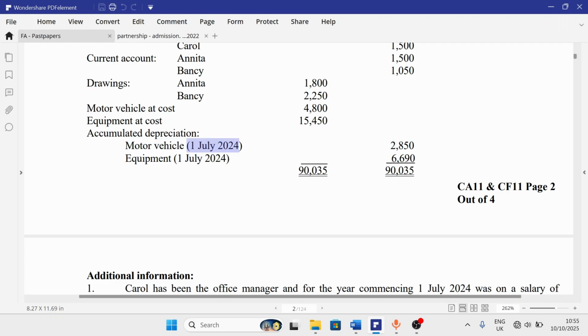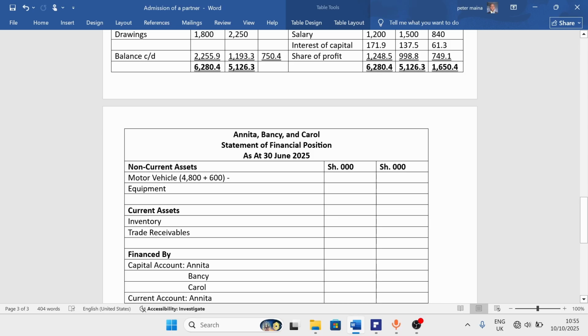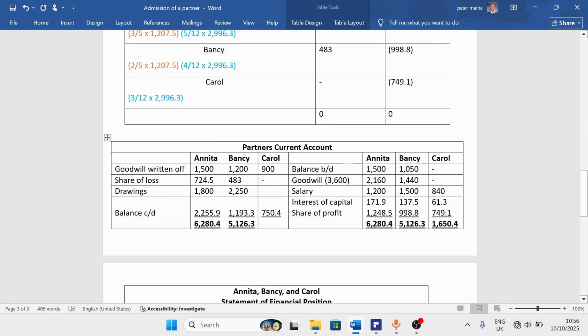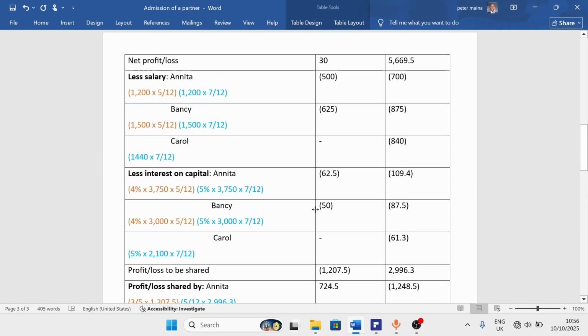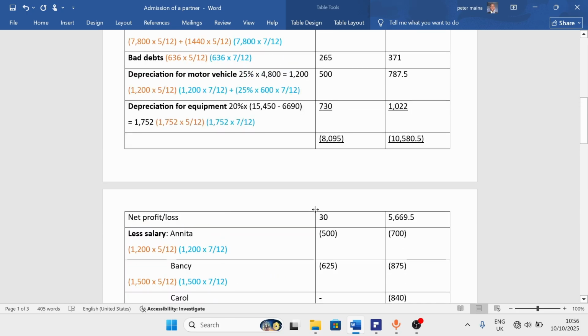That was as at the beginning of the year, 1st July 2024. So we deduct 2,850 here, and because that was at the beginning of the current year, we also deduct depreciation that was charged in the current year, which we can obtain from the profit or loss statement.